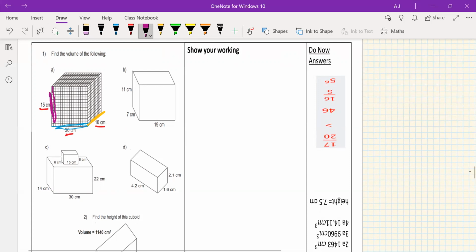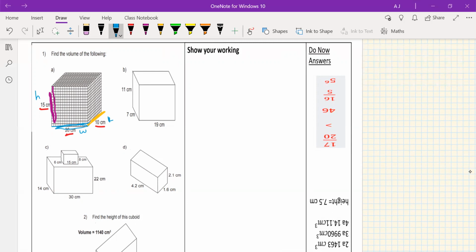So you need to label which is which. For me, I'm going to take 20 centimeters as my width, 10 centimeters as my length, and 15 centimeters as my height. So when you times these 3, that gives you the volume of this particular cuboid.